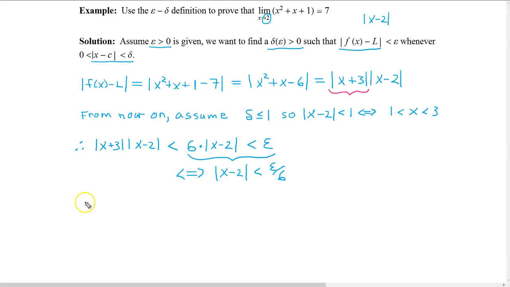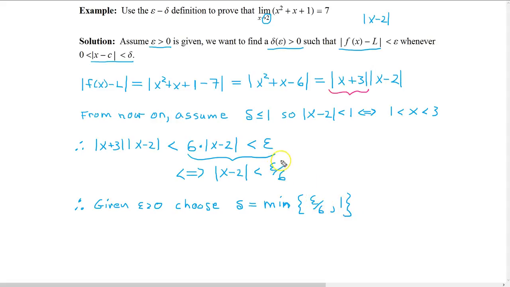So what we can conclude now is that, if you're given any number epsilon greater than 0, we should choose our delta to be, now it's not quite going to be epsilon over 6, it's actually going to be the minimum of epsilon over 6 or 1. Why do we write it like this? Why is it the minimum of epsilon over 6 or 1?